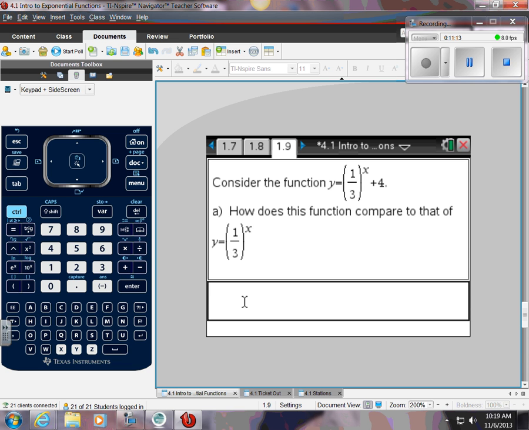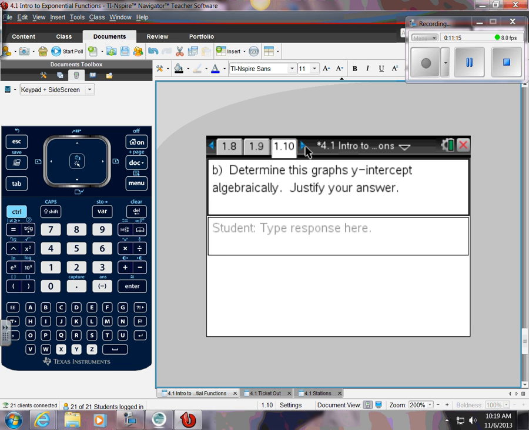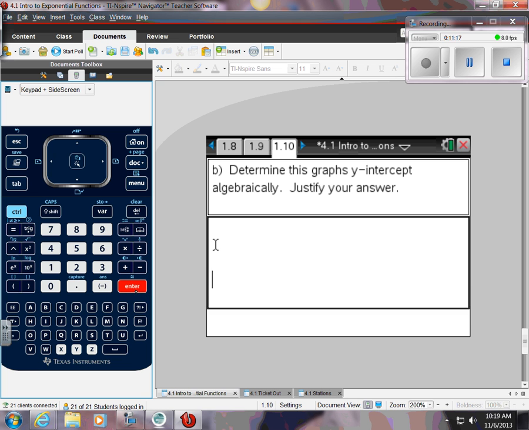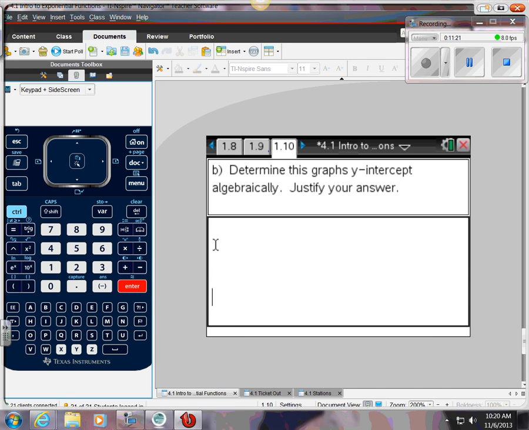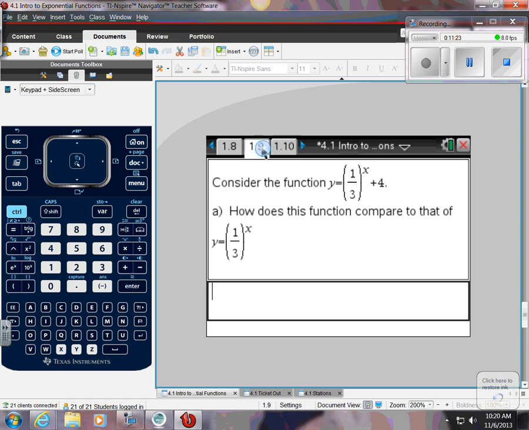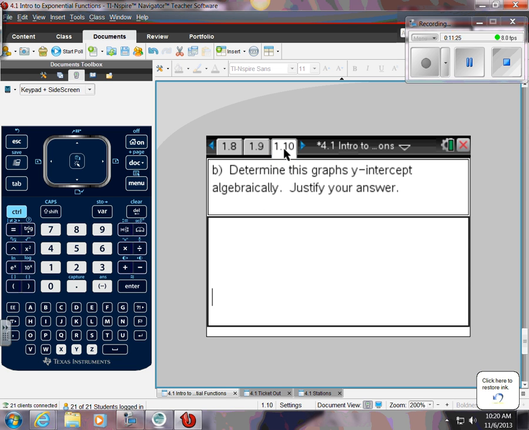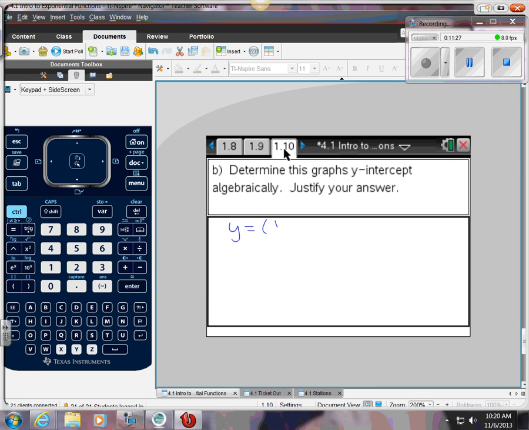How would I find the y-intercept? Good. Do it. What are you going to get? 5, so 0, 5, right? You guys okay with that? All right.